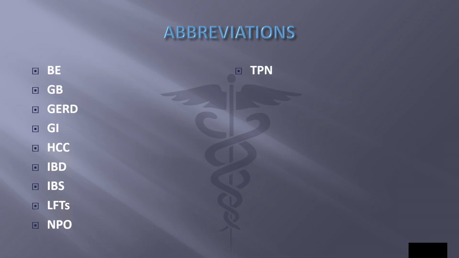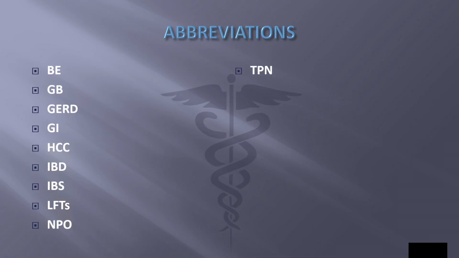GB is gallbladder. GERD is gastroesophageal reflux disease. GI is gastrointestinal. HCC, hepatocellular carcinoma. IBD is inflammatory bowel disease.